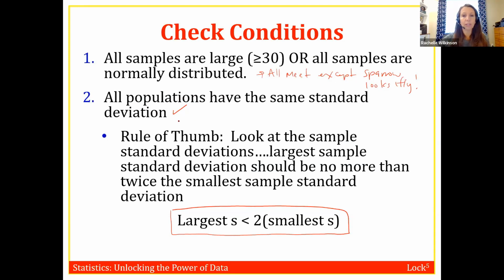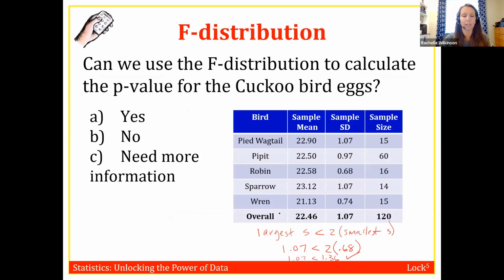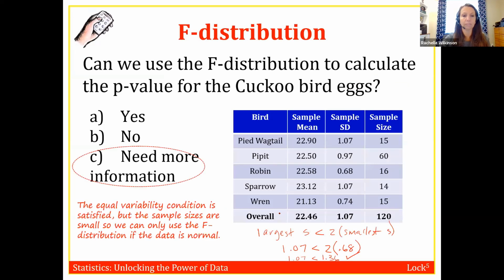Just a note, when you're doing your homework or on an exam or something, if I ask you about this one, if they meet the conditions, I want more than just a yes or no. I want to actually see this computation worked out in order to know whether they meet it. So don't just look at it and say yes or no. You need to actually plug in the numbers, show me the calculation so I know you know what you're talking about.